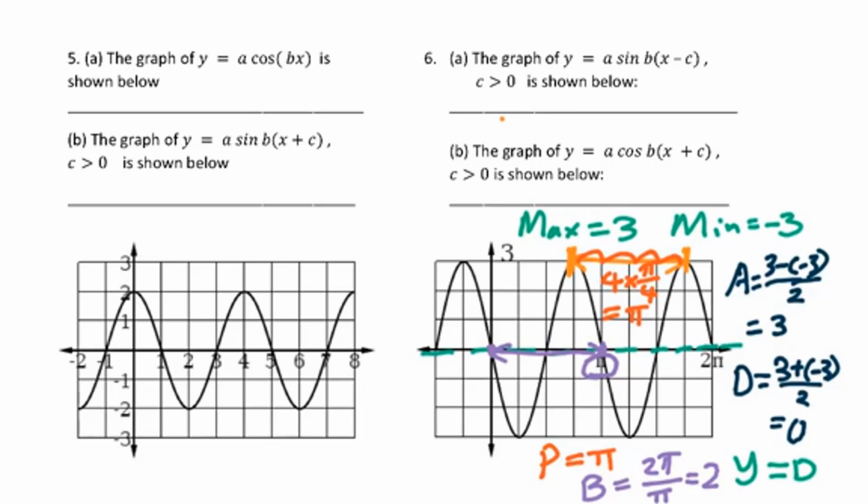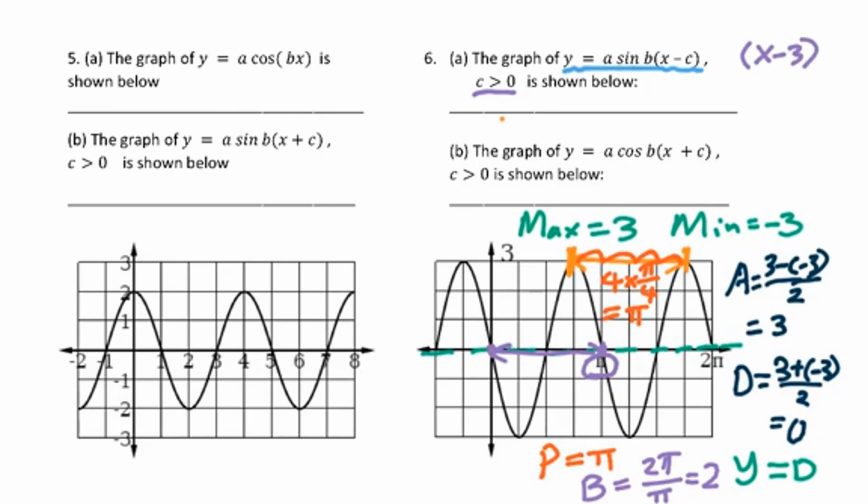Now let's check C. When you're looking for C, you have to look at the function you are looking for, because they will give you the information of the starting point. They said x minus c, but c is greater than 0. So we can do, for example, x minus 3.